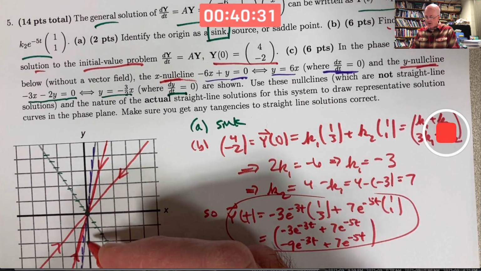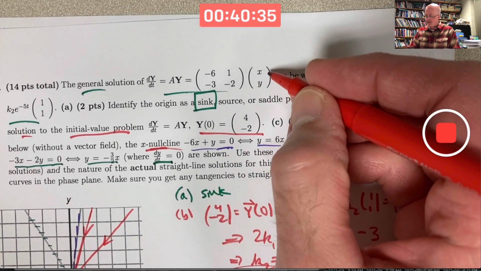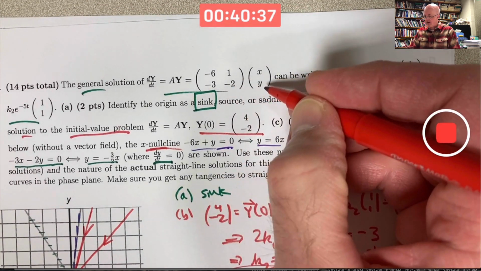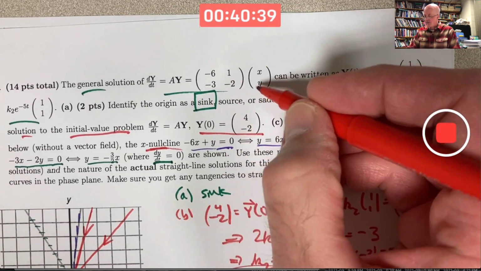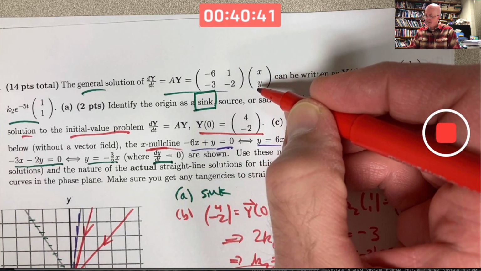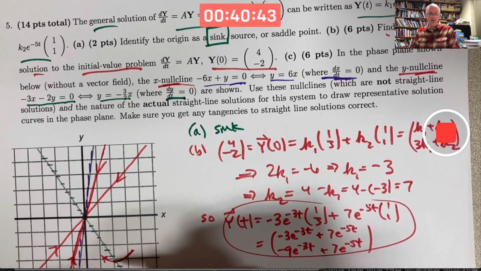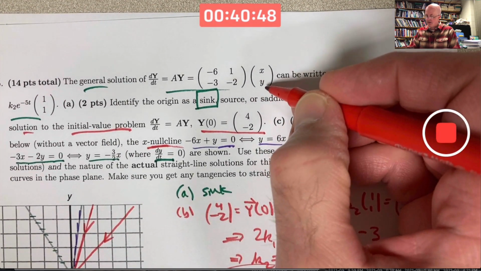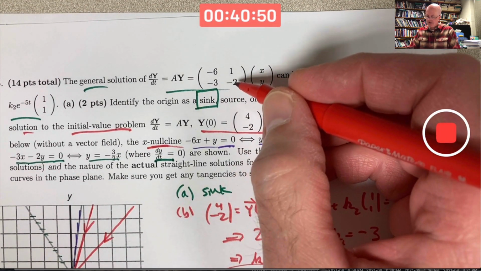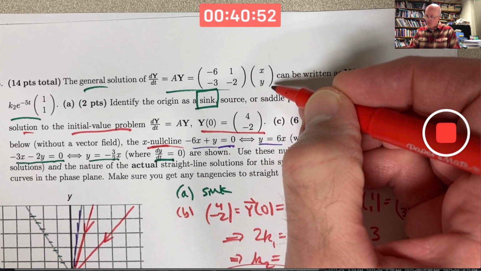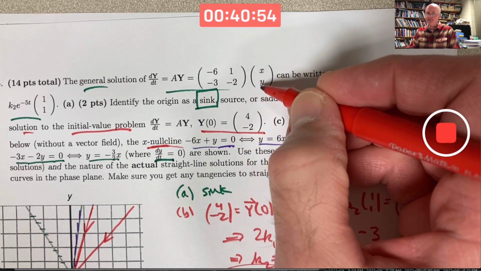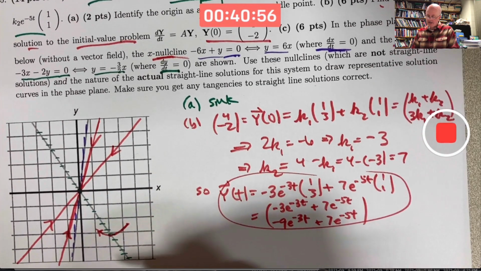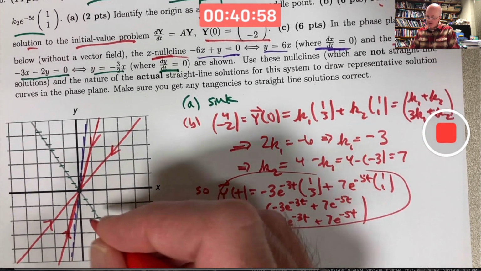For example, if I choose x to be 0 and y to be negative 1, and I multiply here, I get 0 minus 1, which is negative 1. dx/dt is negative. It's leftward motion. For dy/dt, plug in x is 0 and y is negative 1. I get 0, minus 2 times negative 1 is positive 2. dy/dt is positive. It's upward motion as well.